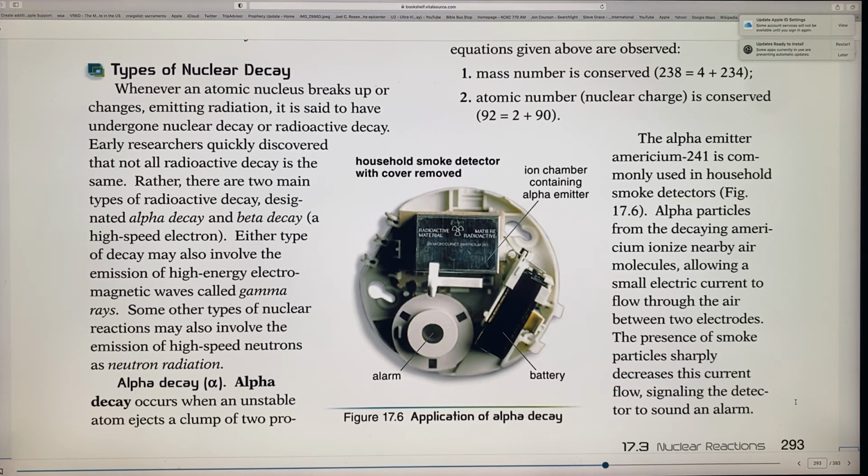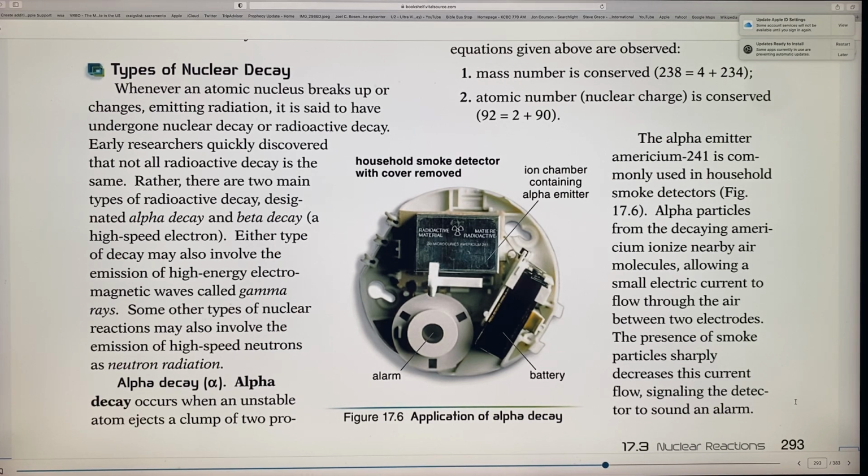And if neutrons are shot from the nucleus, they travel and bump into other neutrons, like in fission, which showed us the nuclear bomb. This is another type, high-speed neutrons traveling, related to radioactive decay. These 4 things, these 2 we're going to talk about first.